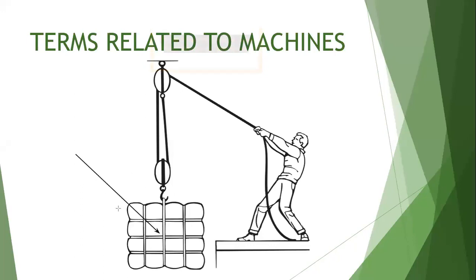This box, this package, is my load, because it is something which has to be lifted, something which has to be overcome. Generally you will find we write L on that object, and that will be the load.